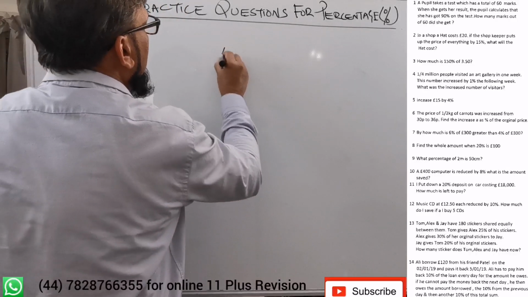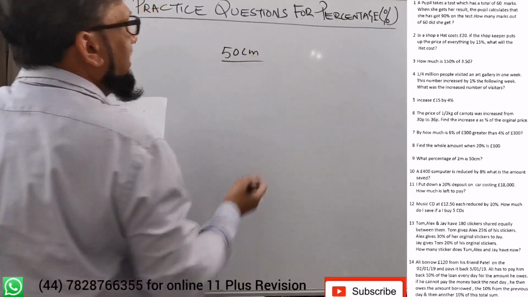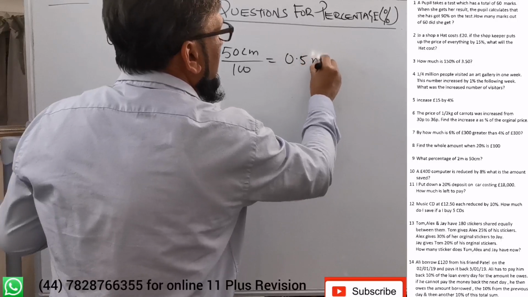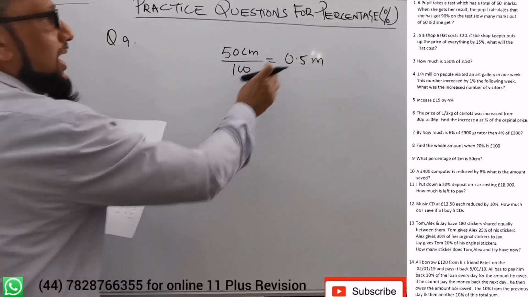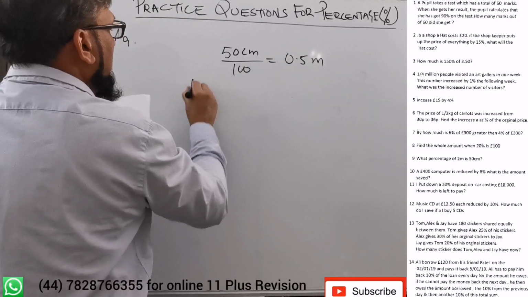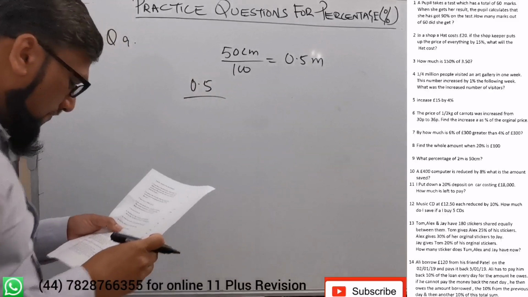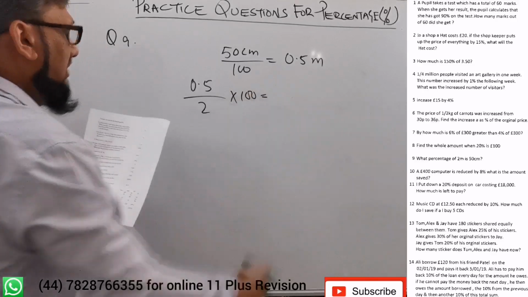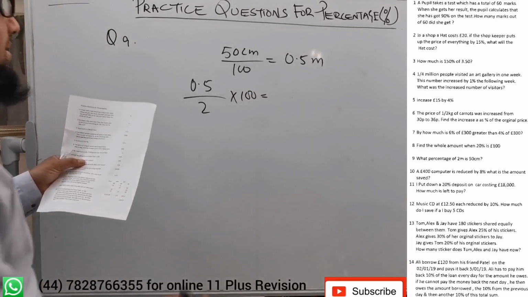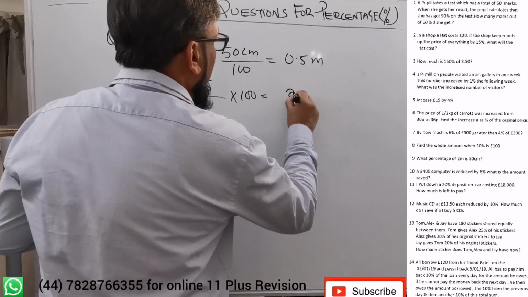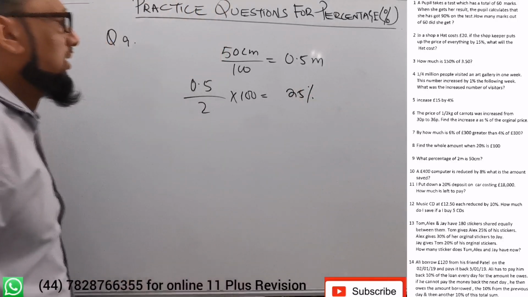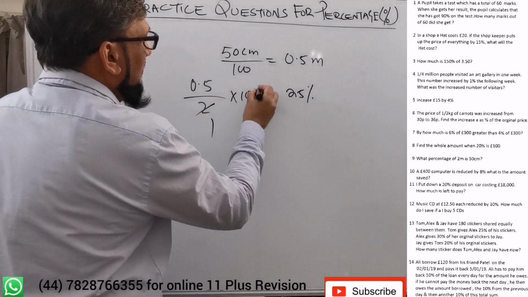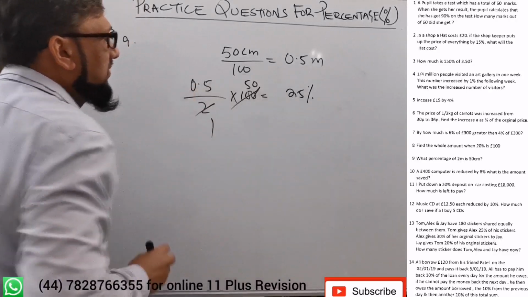So 50 centimeters to be converted to meters, divided by 100, so it means 0.5 meter. So we need to find this percentage on the base of 2 meters, times 100. So you will get the answer, which is 25%. Very simple. 2 times 1 is 2, and 2 times 5 is 10, 50.